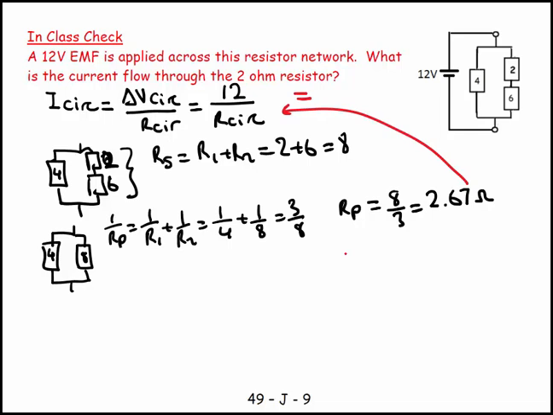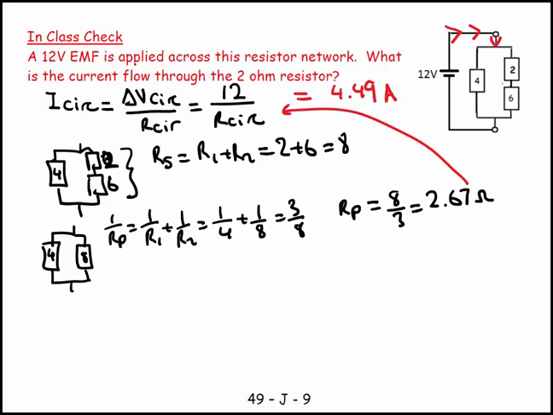So my current leaving the battery is going to be 12 divided by 2.67, which is going to equal 4.49 amps. Basically 4.5 amps comes out of here, and comes to here, and then it splits.